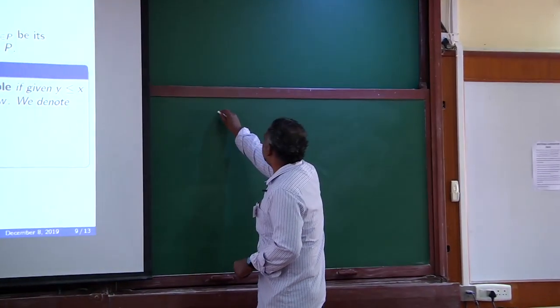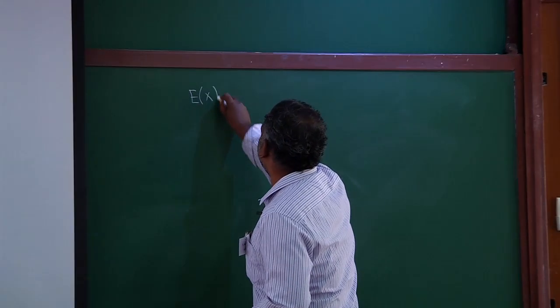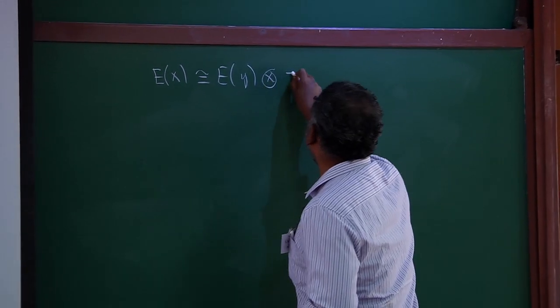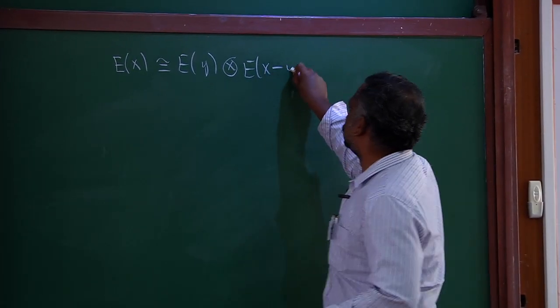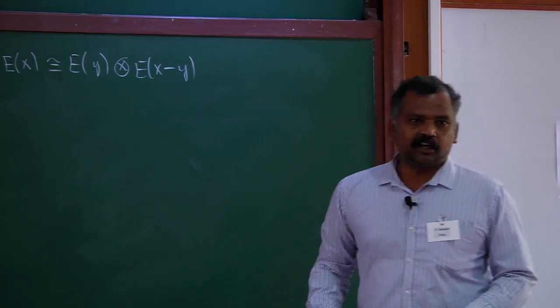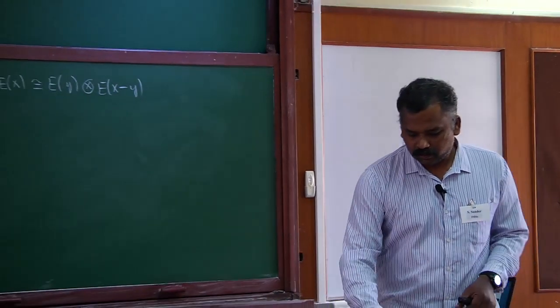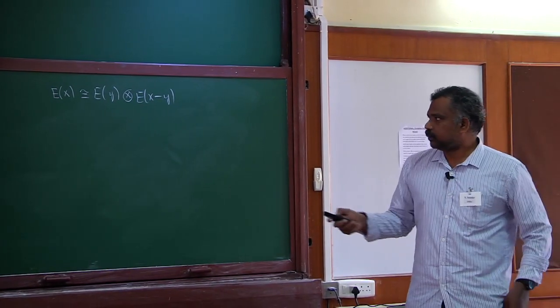You can write Ex as Ey tensor Ex minus y. If it is a decomposable vector of that tensor product, you call that vector decomposable.